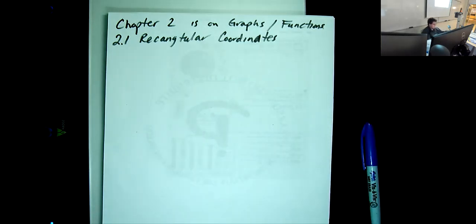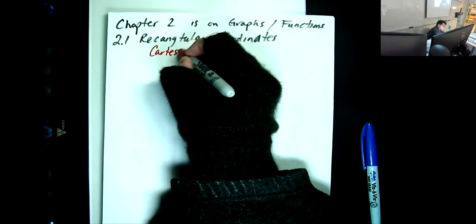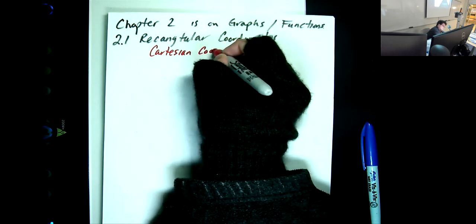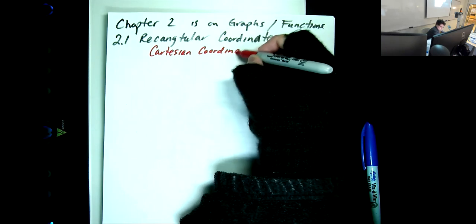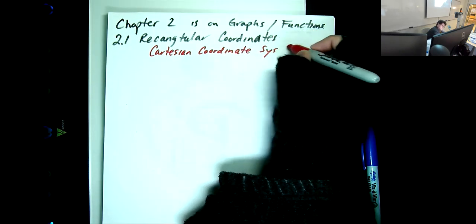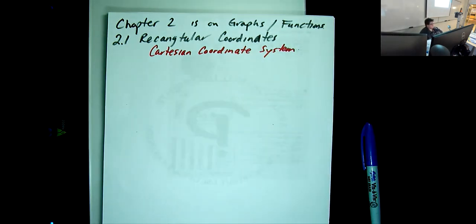The rectangular coordinate system is also called the Cartesian coordinate system. Named after Descartes.